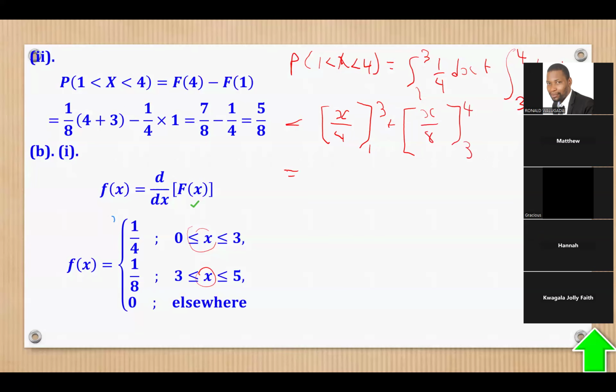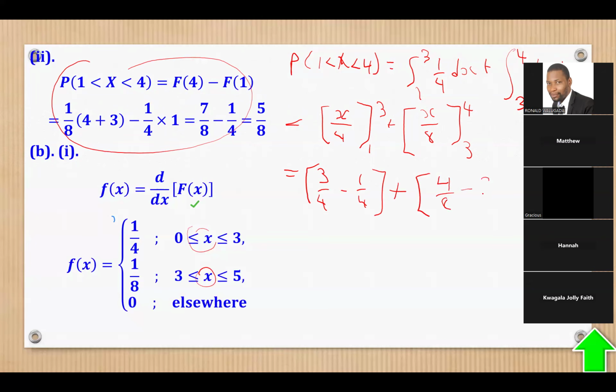From there, I'm going to substitute the limits. Where there is x, I put the upper limit. So 3 over 4 minus 1 over 4, plus 4 over 8 minus 3 over 8.